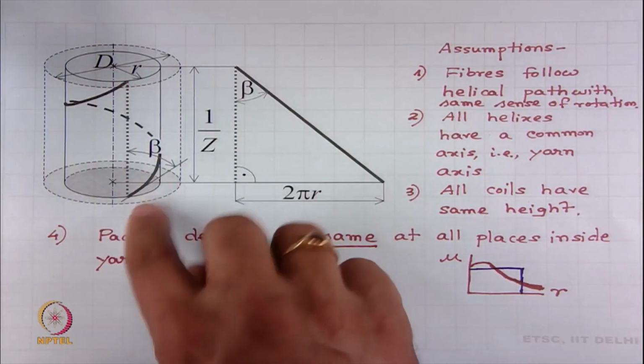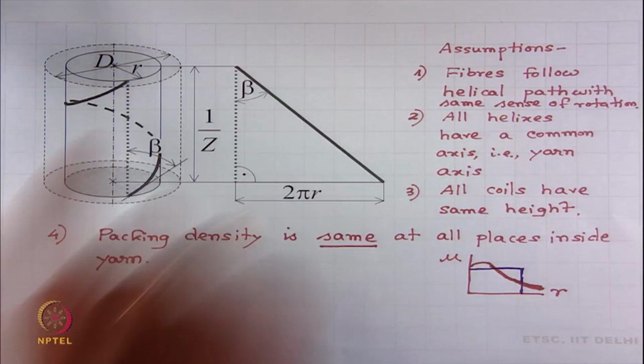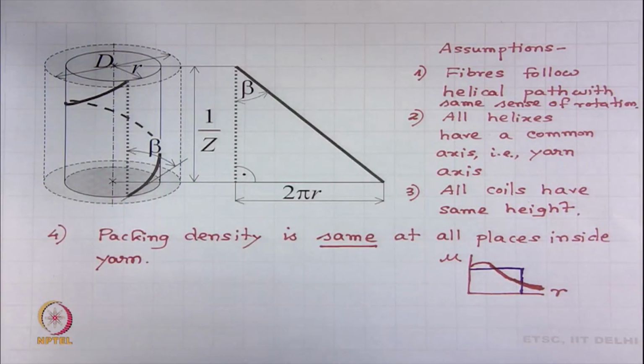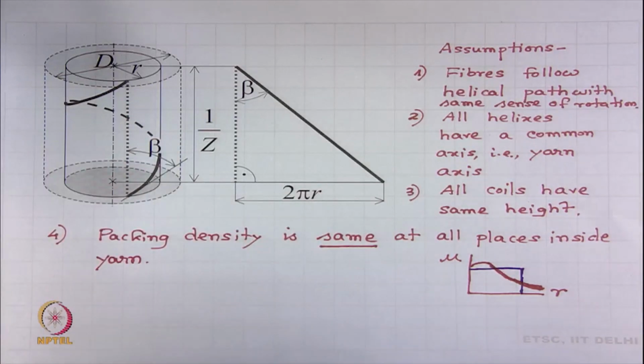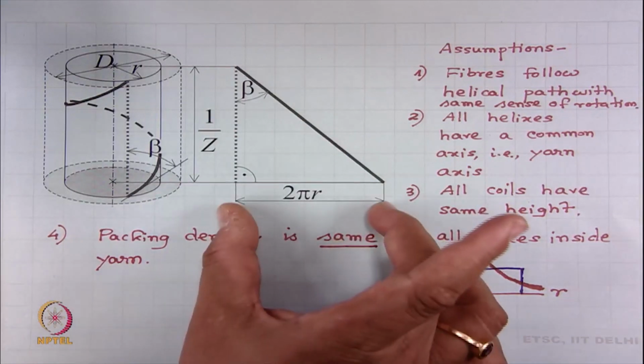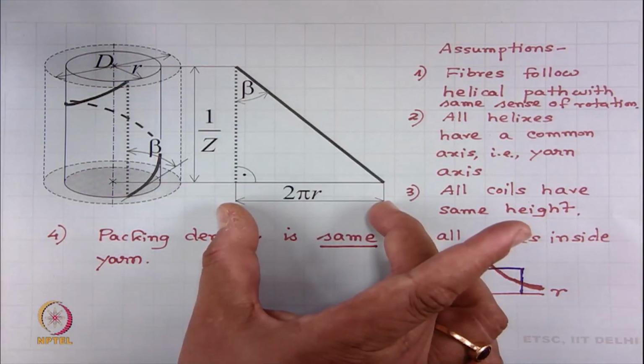This helix makes an angle beta from the yarn axis. If you unroll this cylinder and flatten it, you will obtain this triangle, where the base of the triangle is equal to 2 times pi times small r.